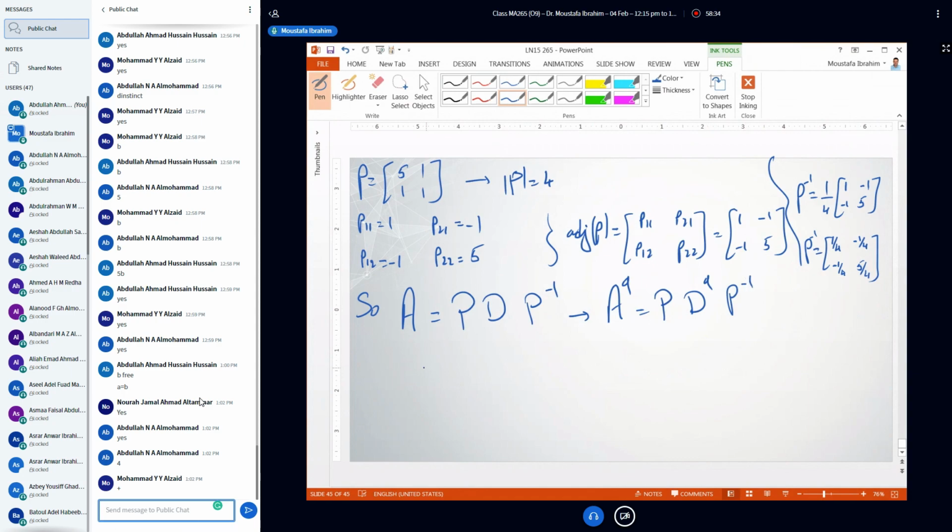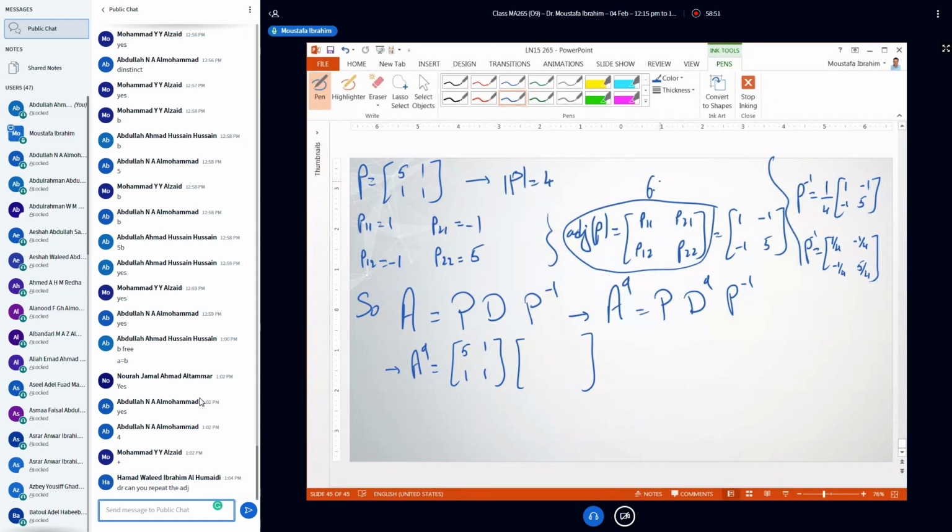Correct, guys? So A^9 is equal to P, where P is 5, 1, 1, 1, times D to the power of 9. Yeah, this one is the adjoint formula, Hamad. Revise section 6.4.